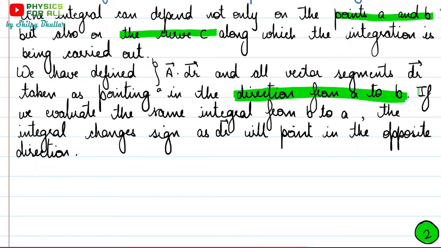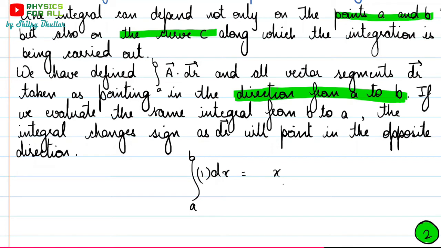And if we evaluate the same integral from B to A, now you know that if you swap the limits, your answer changes. Why? Suppose we have the integral from A to B of 1 dx. Let me remove the dot here, because the dot represents the dot product.